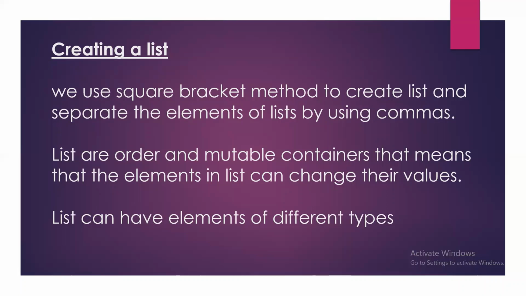And one more thing, lists can have elements of different data types. That is, one element of a list can be a string, another element can be a float, another element can be an integer, and so on.